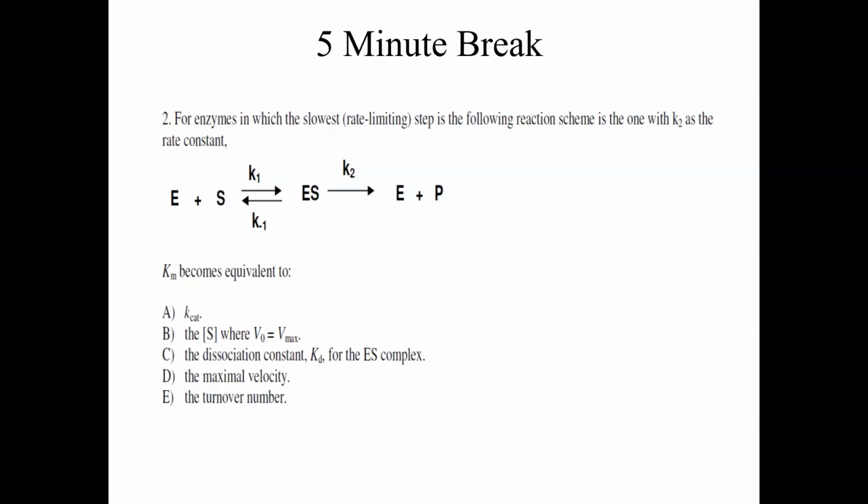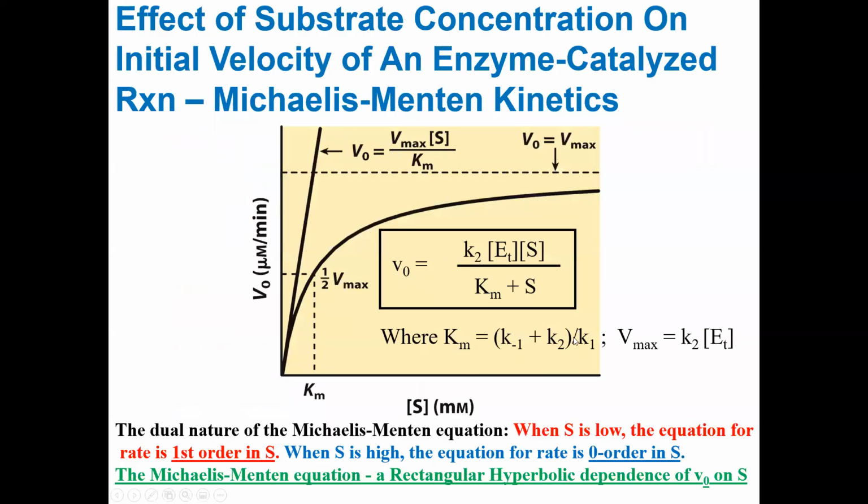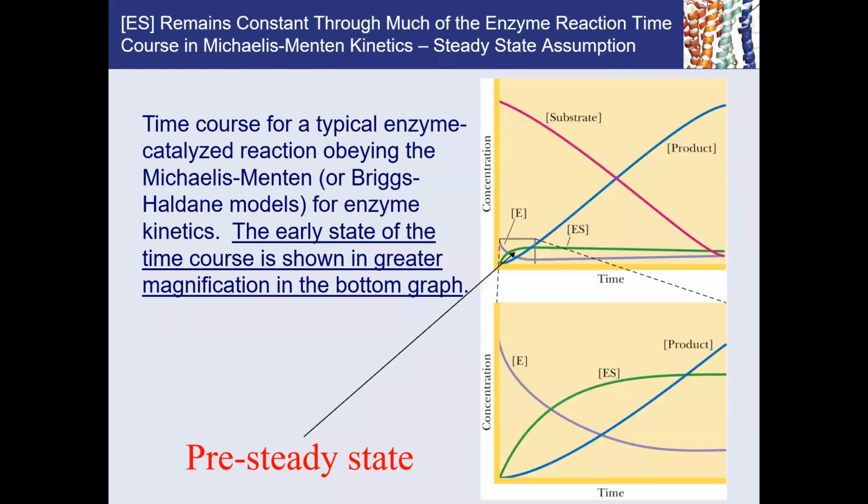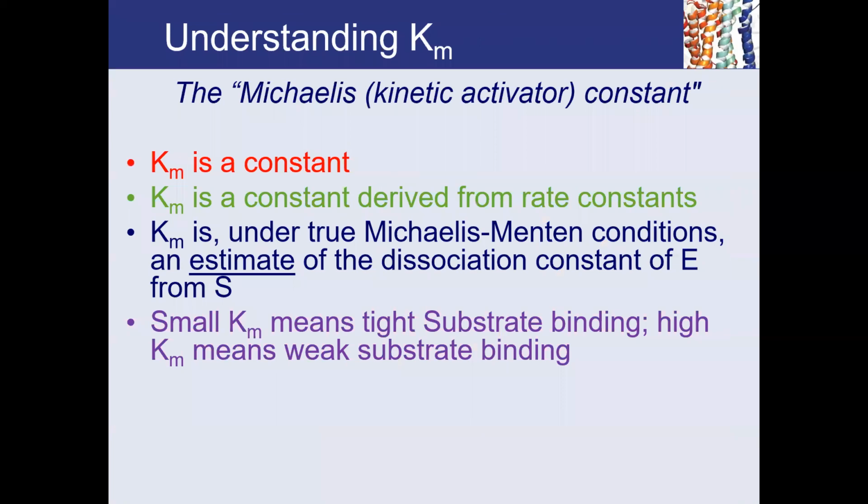But even under these conditions, it gives you a pretty good idea of dissociation constant. It's an estimate. So the Km is like Kd. The lower the value of Km, the tighter the affinity for that substrate is for the enzyme. Just like Kd, the lower the value of Kd, the tighter the affinity of that ligand is to the protein. Same thing for Km.